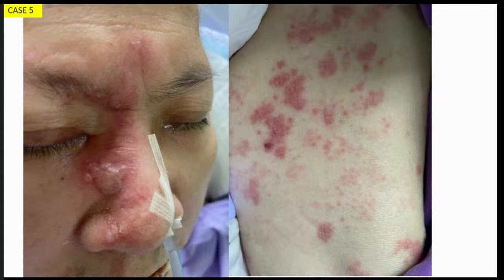How would you differentiate between chicken pox, okay, versus, sorry, chicken pox, sorry, wrong. Okay, continue. And then I would also think of bullous impetigo.